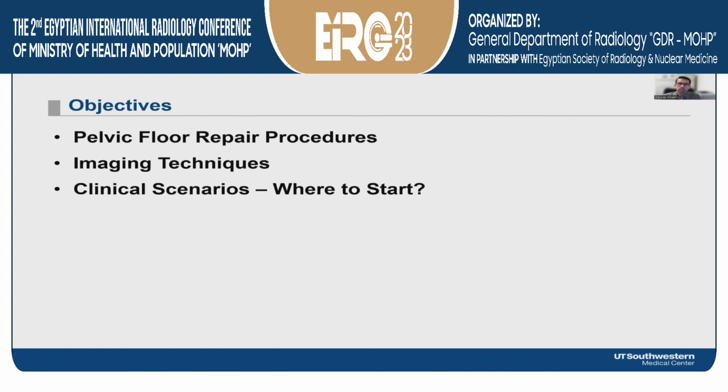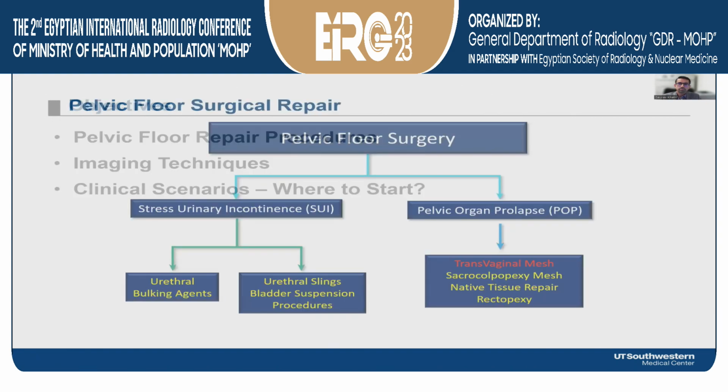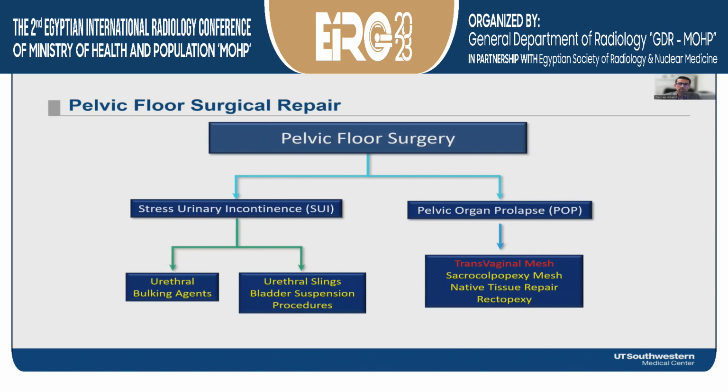to evaluate certain complications. So there's various types of pelvic floor surgery that can be thought of as surgery for either stress urinary incontinence or for pelvic organ prolapse. For stress urinary incontinence, the procedures include urethral bulking agent placement, placement of urethral slings, and bladder suspension procedures.